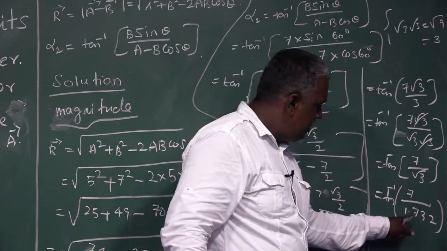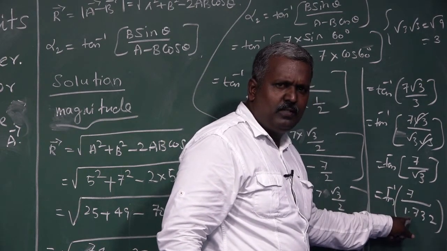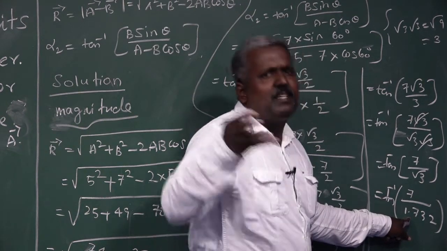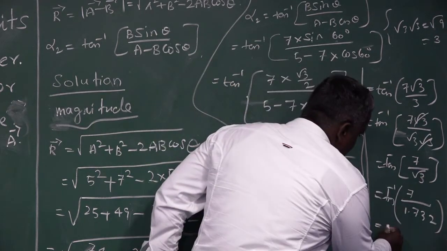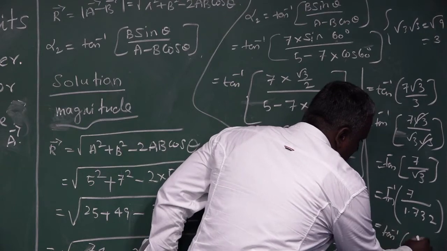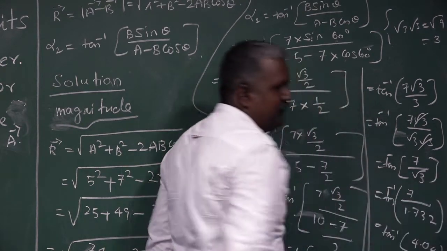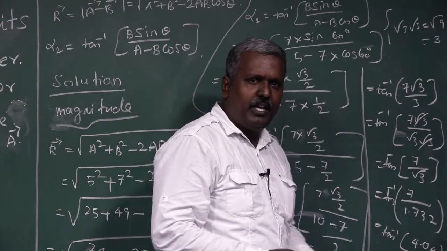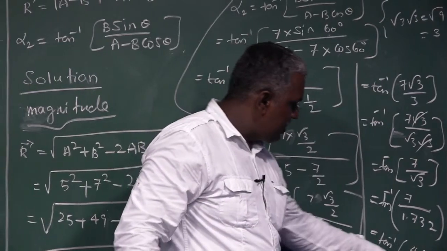But here the denominator is less than 2 and the numerator is 7, so 4 point something comes here. Therefore it is equal to 4.04. So alpha 2 is equal to tan inverse of 4.04.